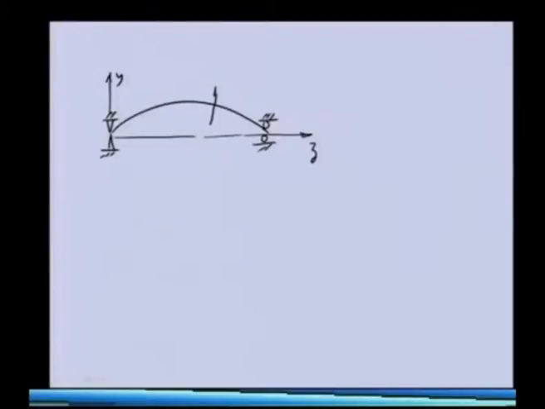So, let us define the location of the disc. From one end it is A, from the other end it is B. The total length of the shaft is A plus B. We have a linear displacement of the disc along the y axis, that is y, and there is a tilting of the disc from the vertical axis.